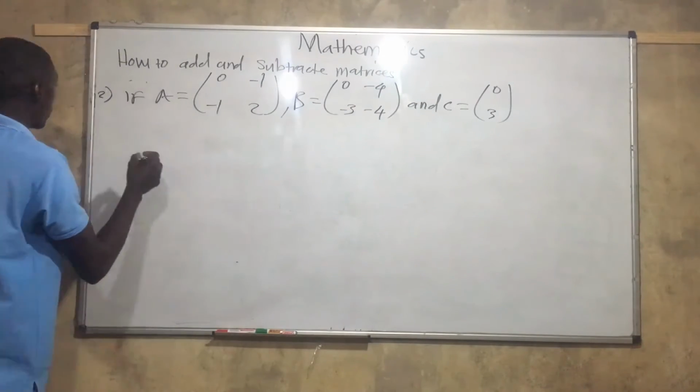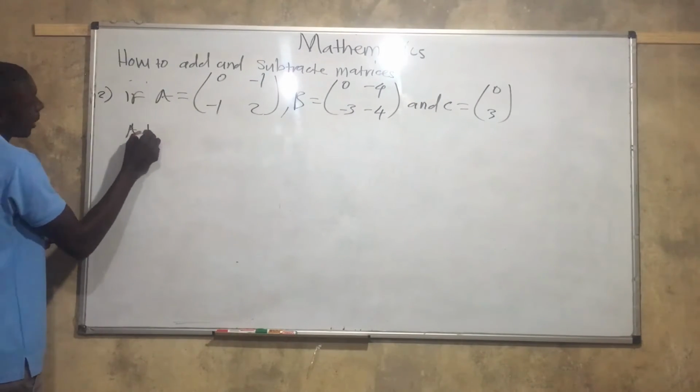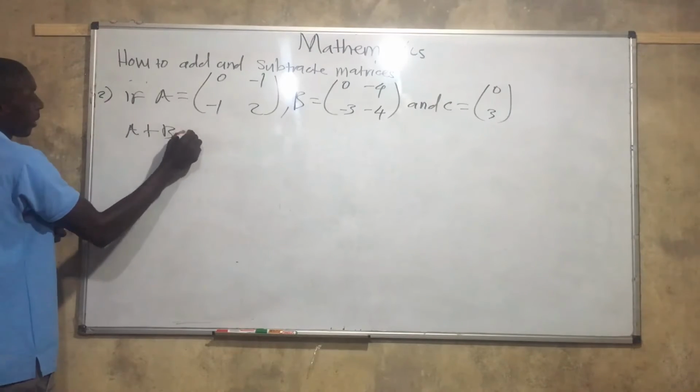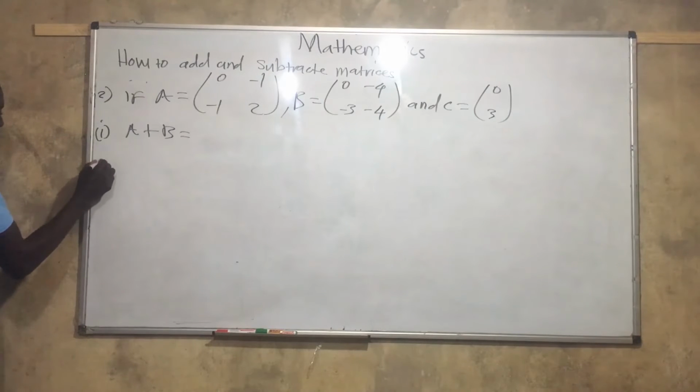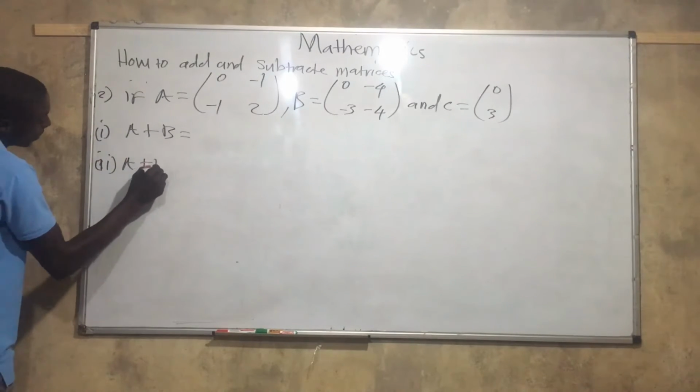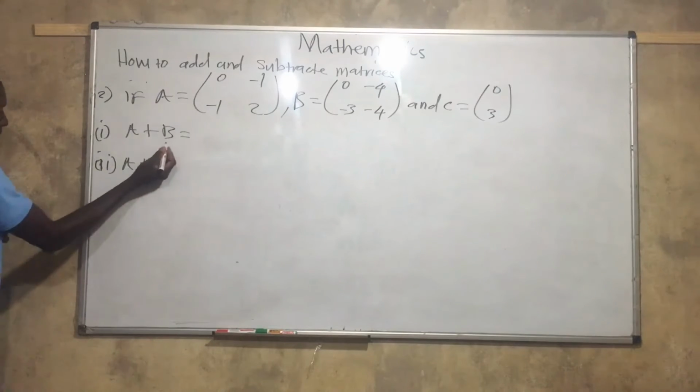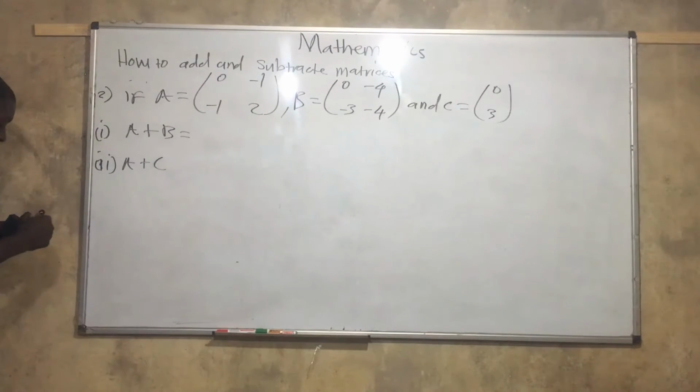Then we are told to find A plus B. That is Roman numeral number 1. Roman numeral number 2, we are told to find, sorry, A plus C. So we'll start with the first one.